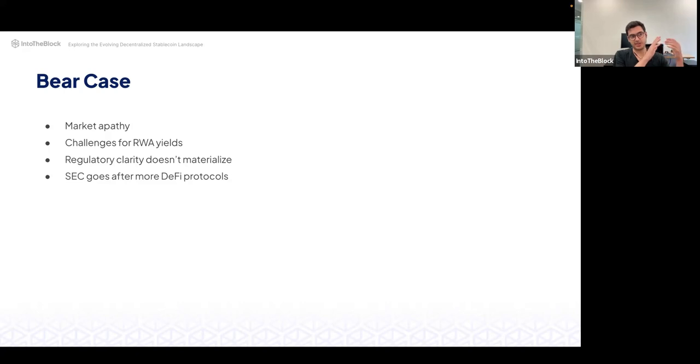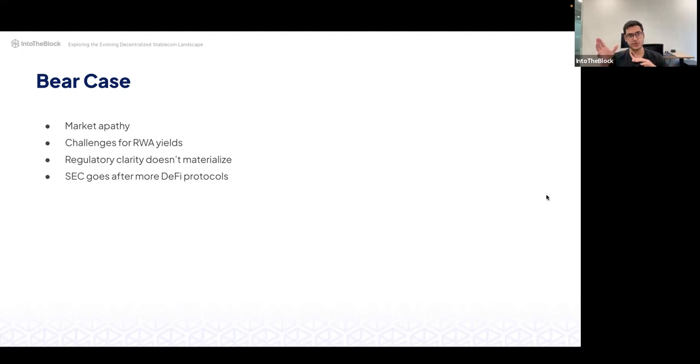So I'm expecting some friction there. I don't know how soon, since the DAI savings rate at these levels is a relatively new phenomenon. So it is possible that we'll have some issues there with the real world asset yields, and that could put some headwinds on the space.